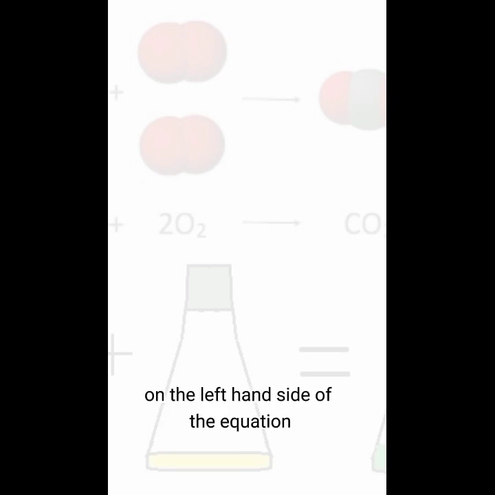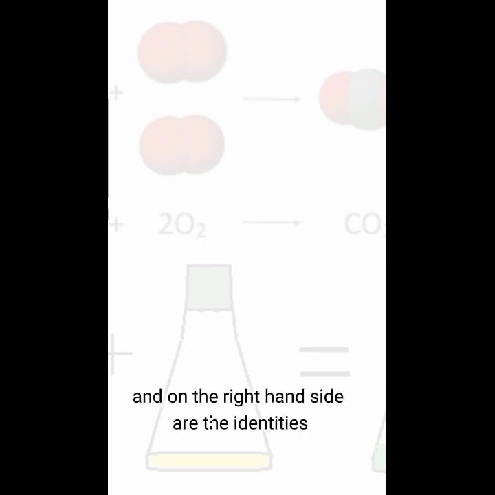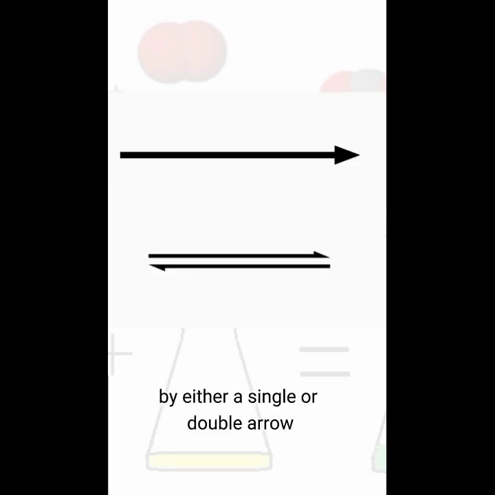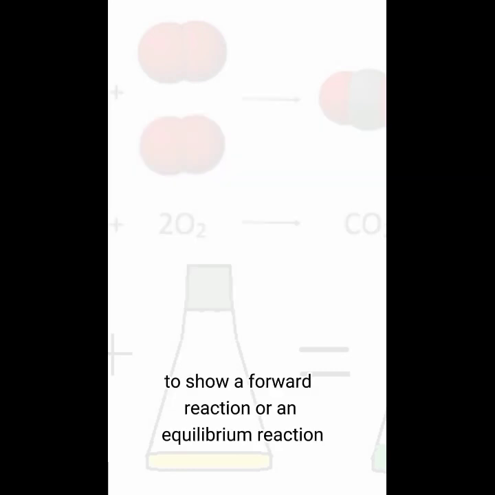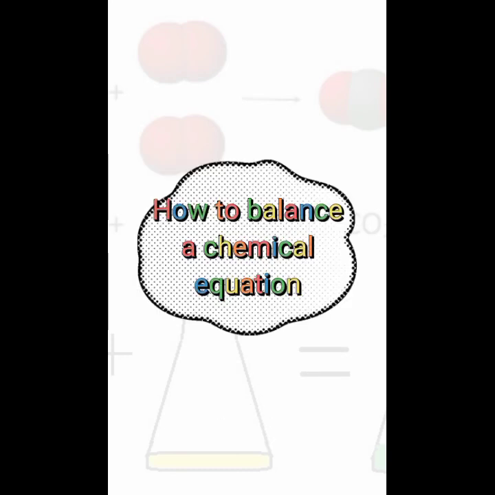On the left-hand side of the equation are the identities and quantities of the species present before reaction, and on the right-hand side are the identities and quantities of species present afterward. Both sides are separated by either a single or double arrow to show a forward reaction or an equilibrium reaction respectively.